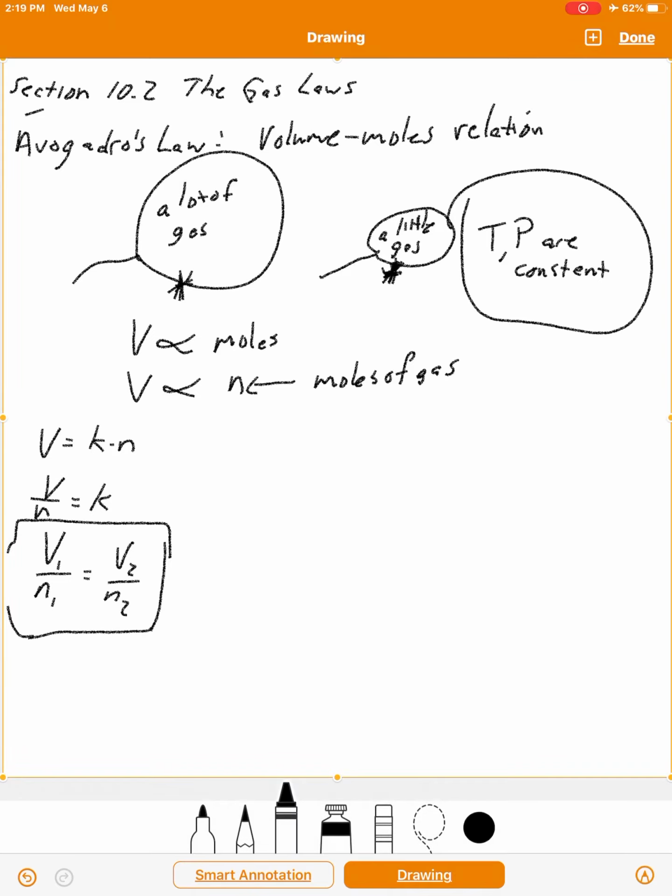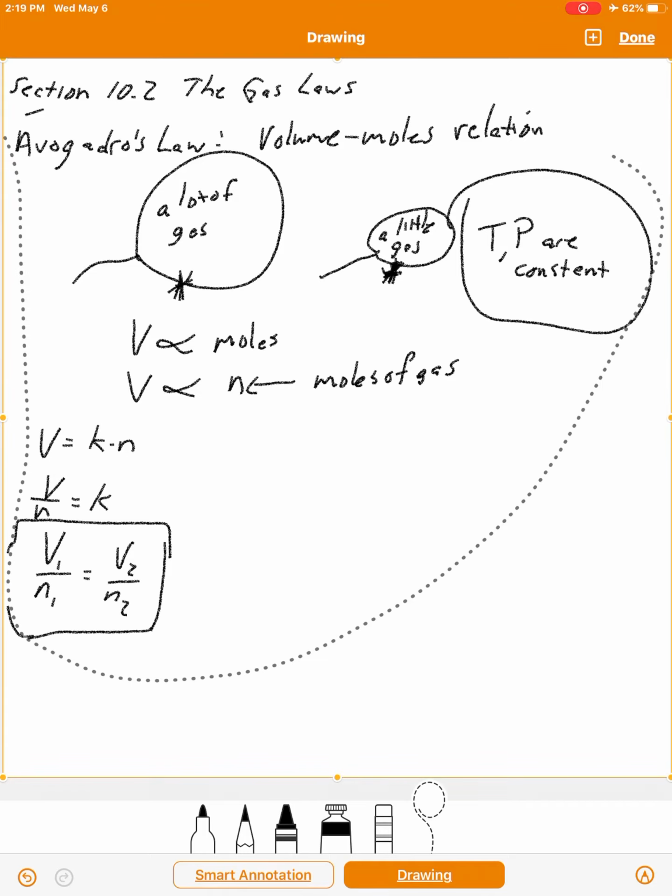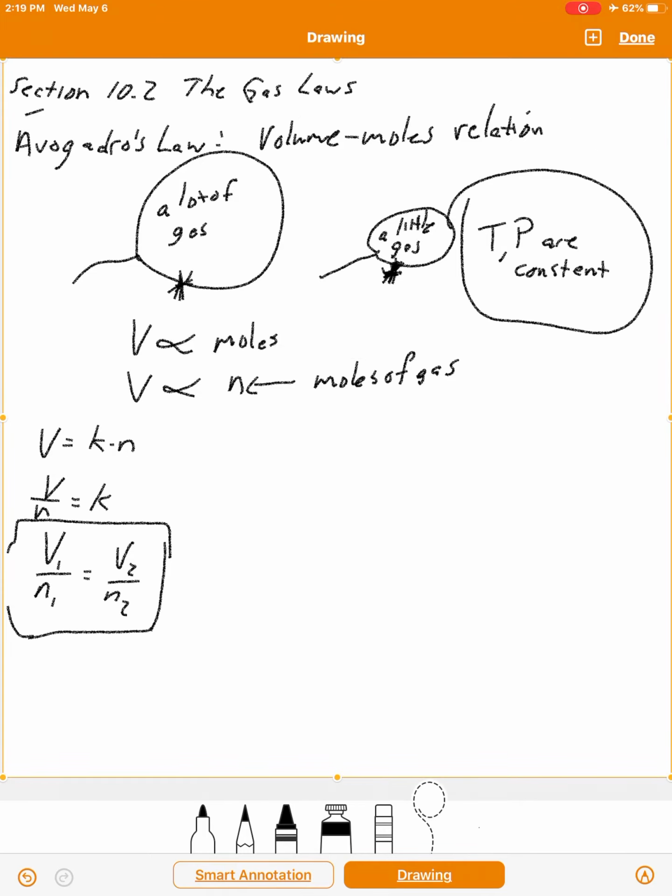The next relation essentially takes all of these and puts them together.